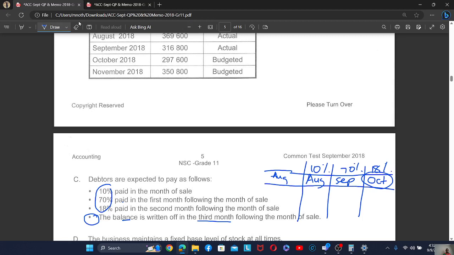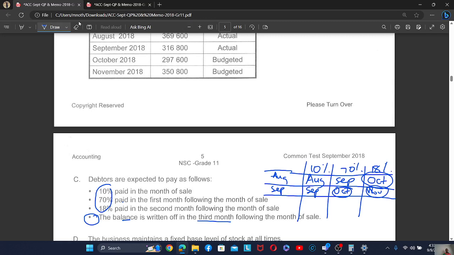After August, we are going to have September. If September is a month of sale, it means that 10% will be paid in September. And then October and November, so we are doing for October and November.